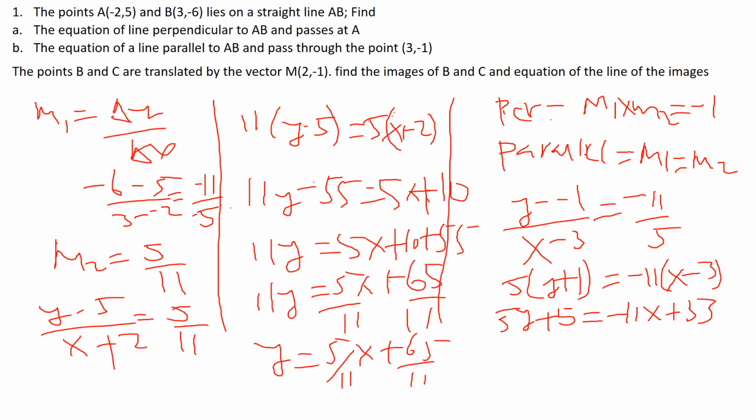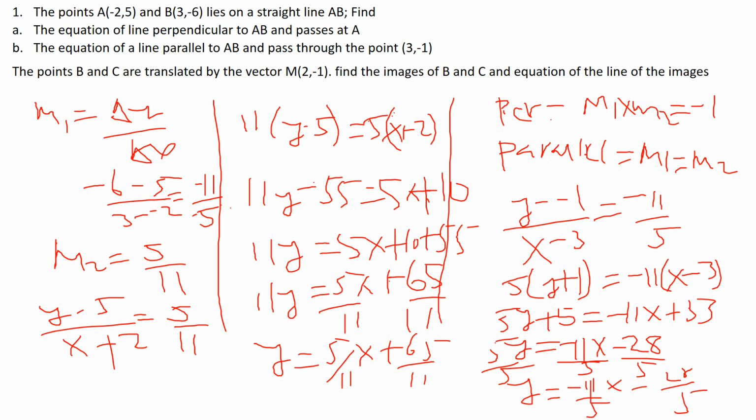So we have 5y equals negative 11x, and if we take this to the other side it becomes minus, so it will be minus 28. Then we can divide by 5 throughout. So our y is equivalent to negative 11 out of 5 x minus 28 divided by 5. And of course it is good to leave that answer in the form of a division.